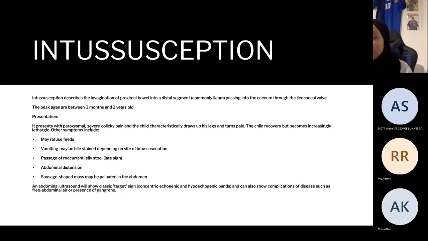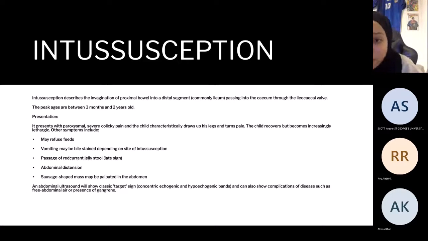Quite commonly, in the question, when looking at the nappy, you'll see that their stool is red currant jelly in appearance and color, but that's quite a late sign, so that's not really a good sign to see. They might also have abdominal distension, and sometimes you might be able to palpate a sausage-shaped mass.